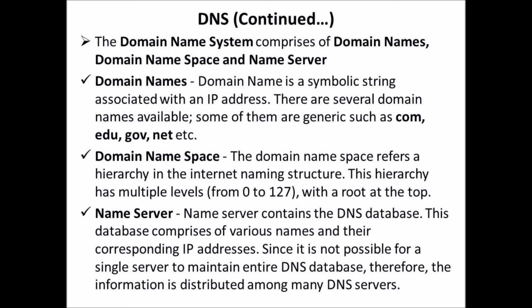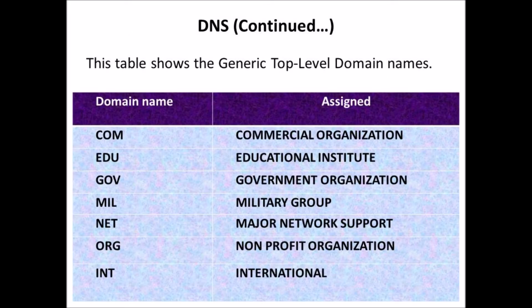This database comprises of various names and their corresponding IP addresses. Since it is not possible for a single server to maintain entire DNS database, therefore the information is distributed among many DNS servers. This table shows the generic top level domain names.